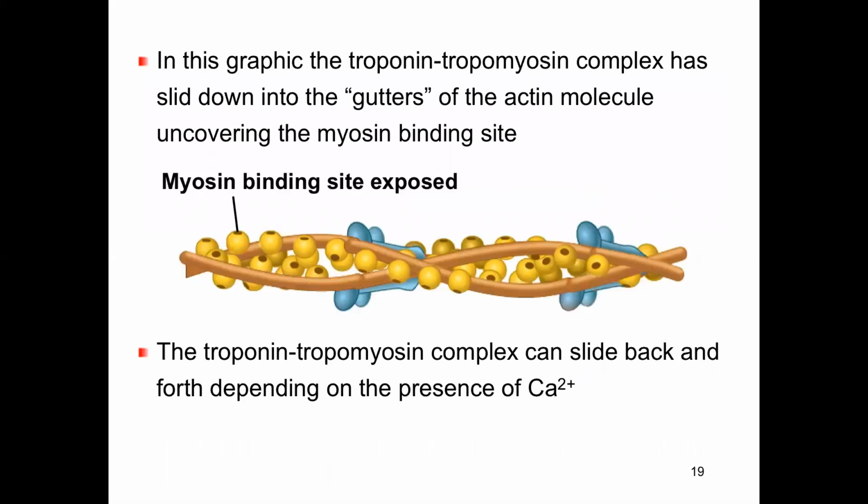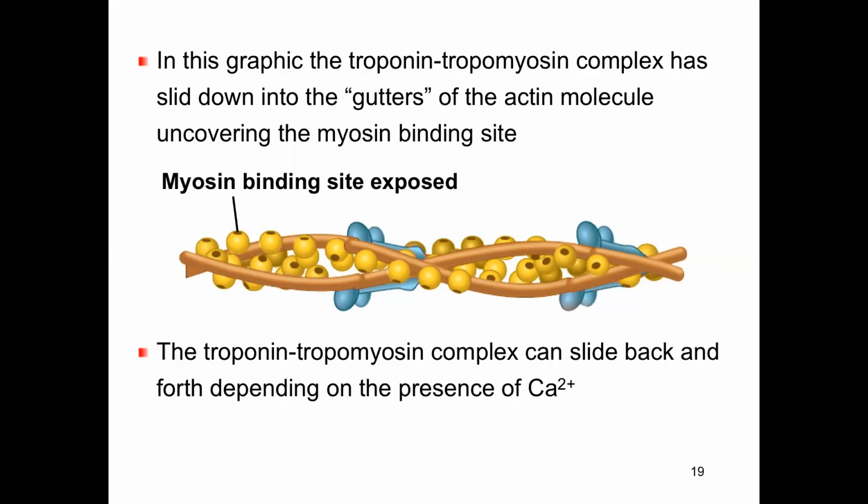Then when we add calcium, we have a shifting in the shape, or a conformational change, of troponin, which causes a conformational change, or a shape change, of tropomyosin. And the tropomyosin then shifts into the gutters of the strings of the G-actin, or the filamentous actin. And that then reveals the myosin binding site.